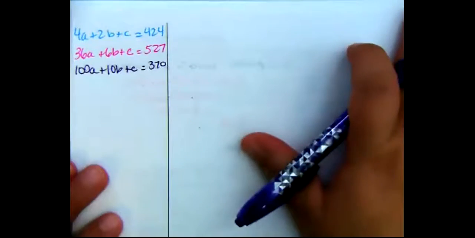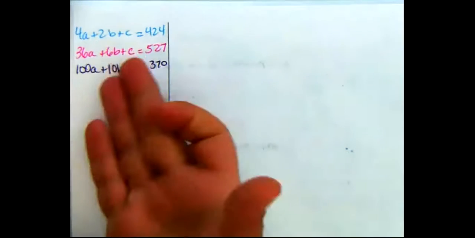Okay. So we take 2 at a time and we eliminate the same variable. So the goal is to eliminate a variable, right? I can eliminate the a's, the b's, or the c's. In this case, it might be easier to eliminate the c's since they're all 1c. I just have to change one equation to negative, maybe.